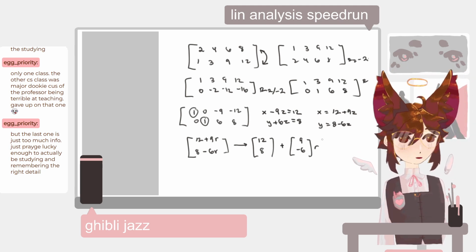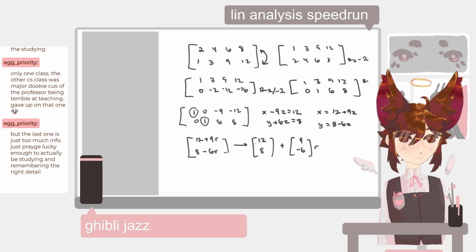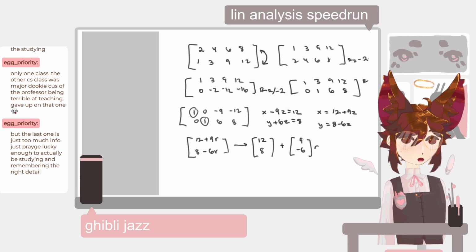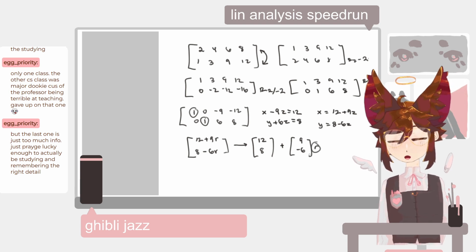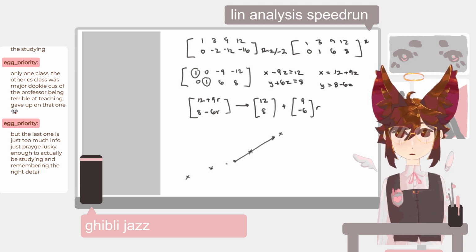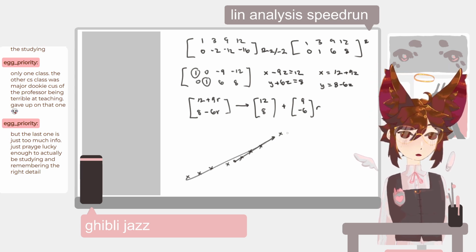And I'm saying, what the hell does that mean? Well, we have a point, and we have a direction, and we have a slider, right? So we have a point, we have a direction, and we have a slider that can go anywhere from that point on that direction. And that is a line, baby.